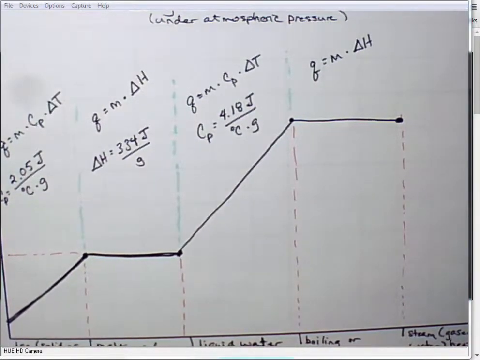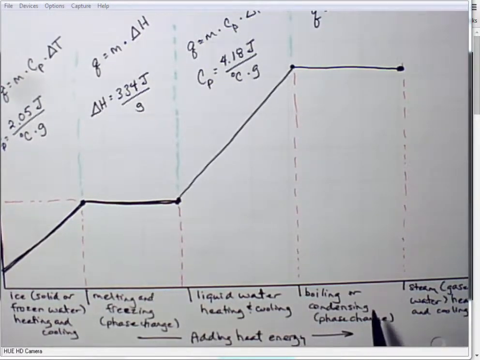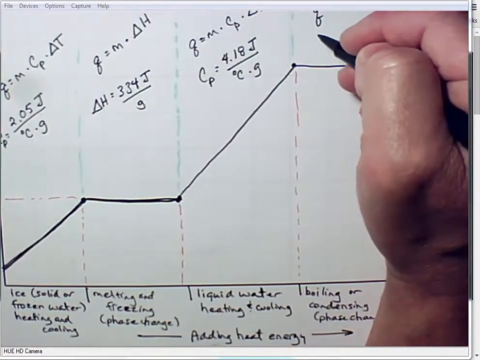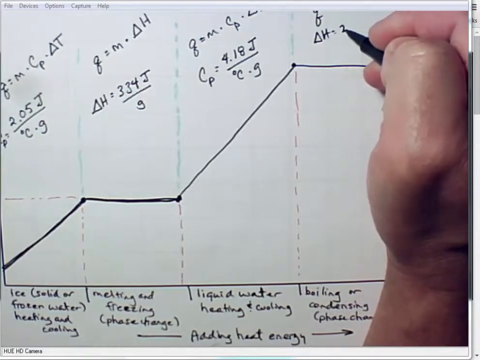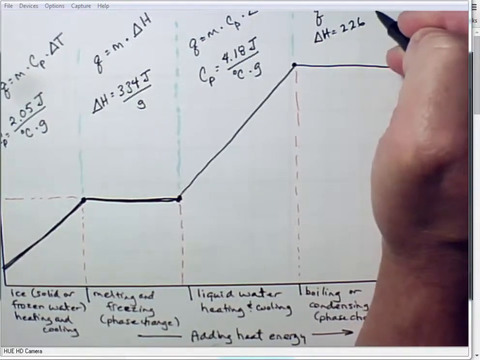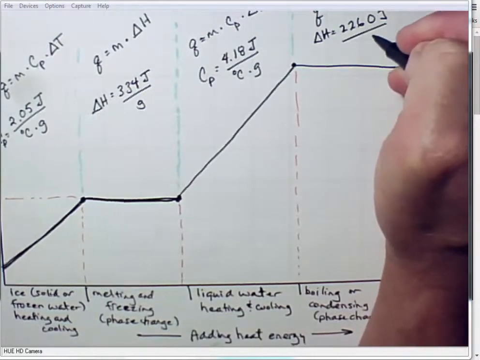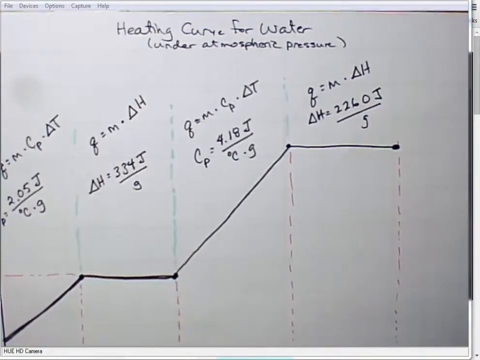The enthalpy change value for changing liquid water into steam or condensing steam into liquid water is 2,260 joules per gram. Pretty big number.